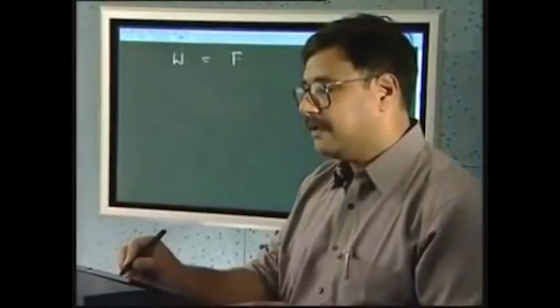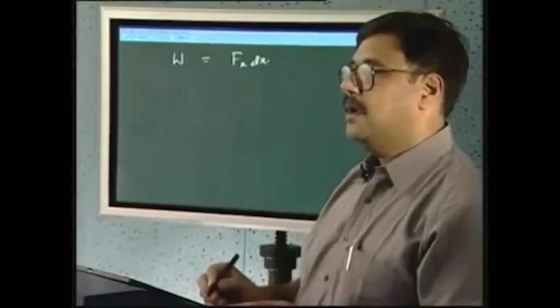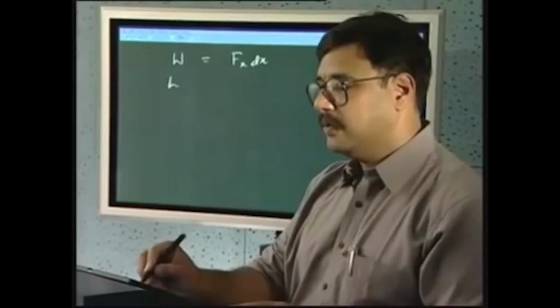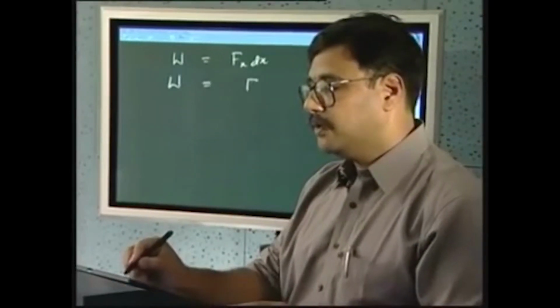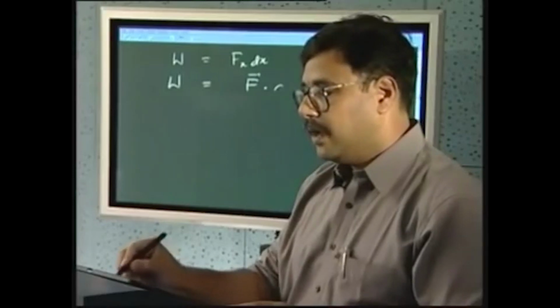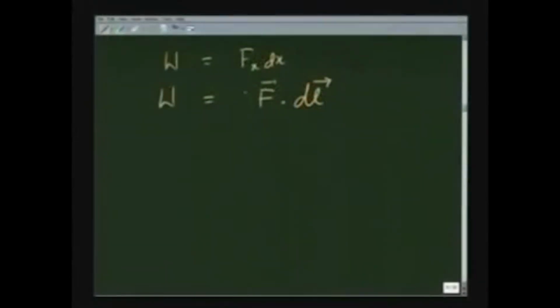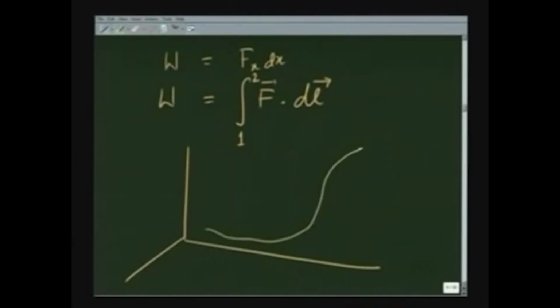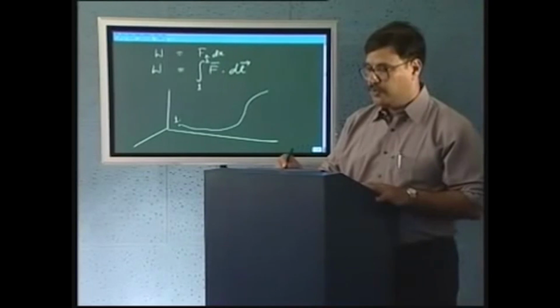So, work done I had written as Fx dx in one dimension. In three dimensions, the work done is going to be the force taken a dot product with dl integrated from point 1 to point 2. Let me explain this. Suppose a particle is moving from one position to some other position, from 1 to 2.